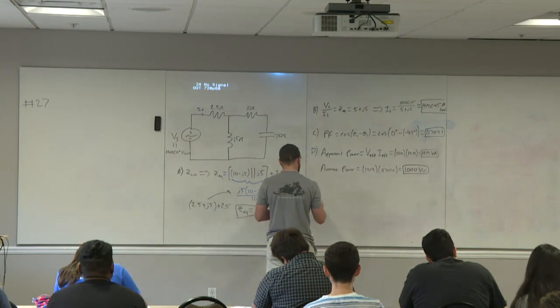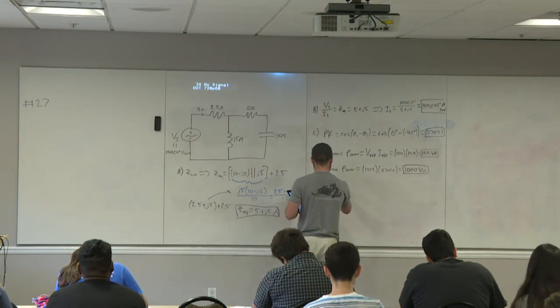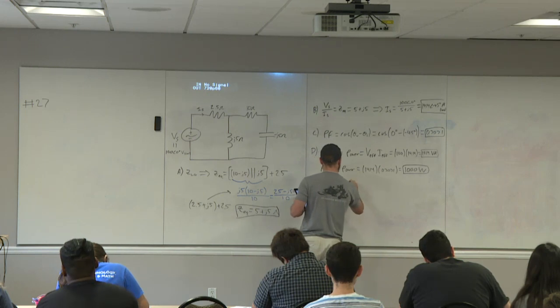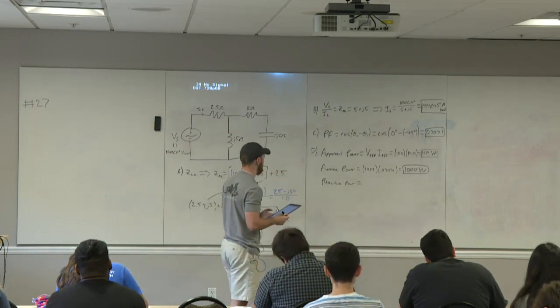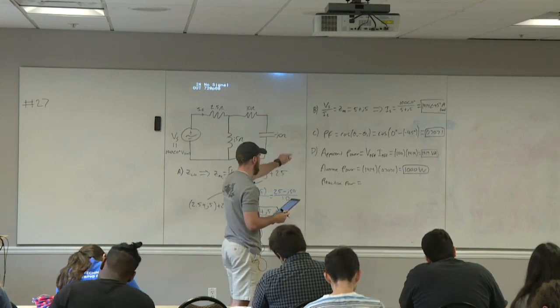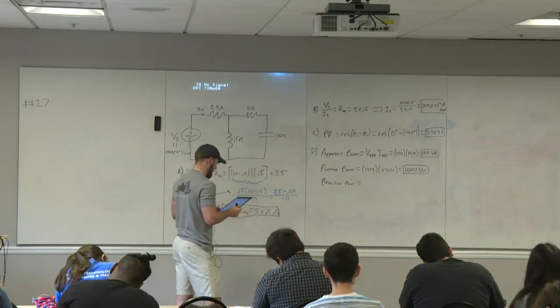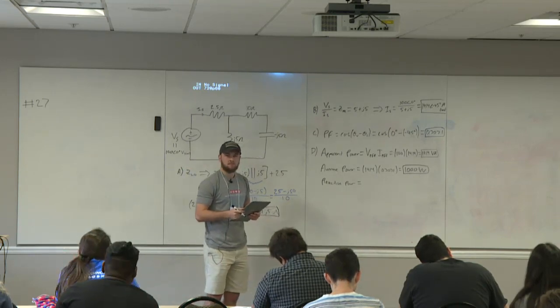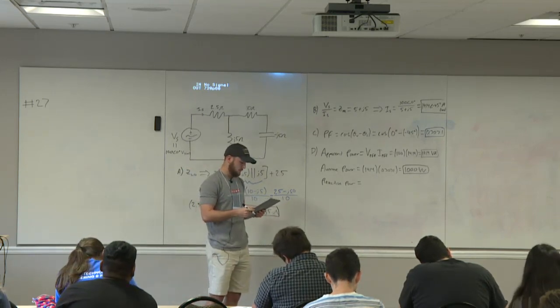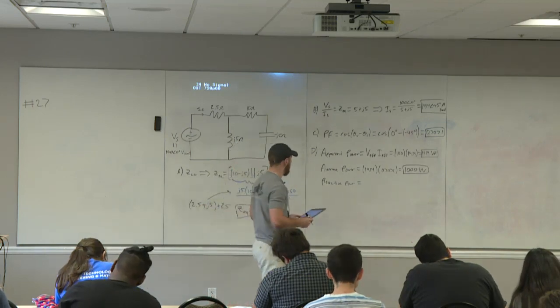Okay, and then last, reactive power. I'm just writing these out so you can use the symbols if you want. I just wanted to make sure you guys knew what each one was. Okay, so reactive power, formula for that, anybody? Yes, exactly.